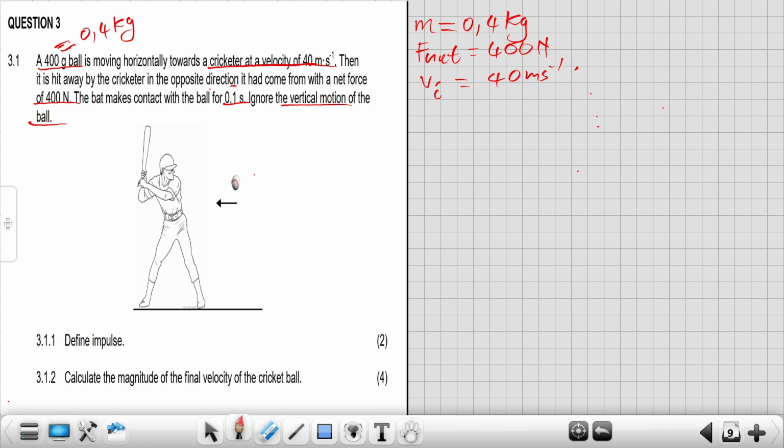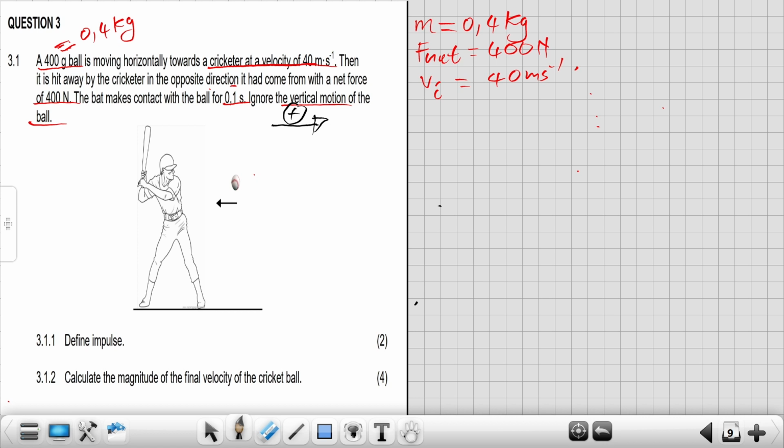But what is the problem here with this data of mine? The problem is I haven't assigned any direction in terms of the movement of the ball. So we normally use the right direction to be positive, and the force will also be positive in that direction.